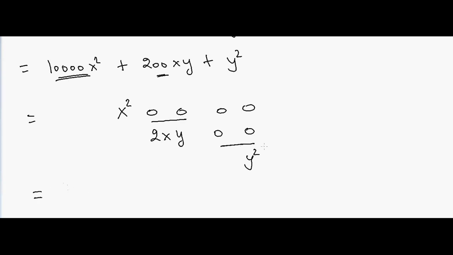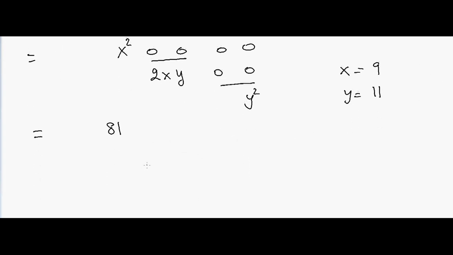Again, if I have x equal to 9 and y equal to 11, then you can see that 9 square is 81. So there is no limit for x square here, right? And then we have 2xy, so 2 into 9 into 11, which is 18 into 11, and that is equal to 198.